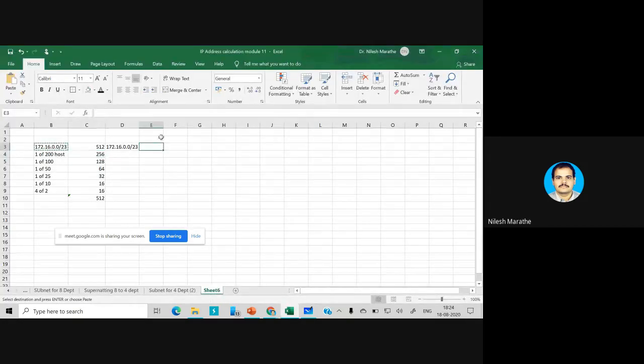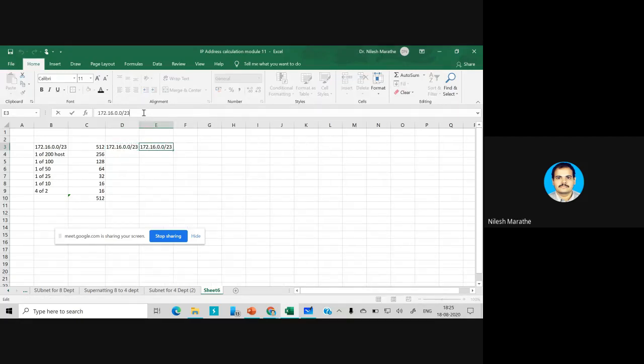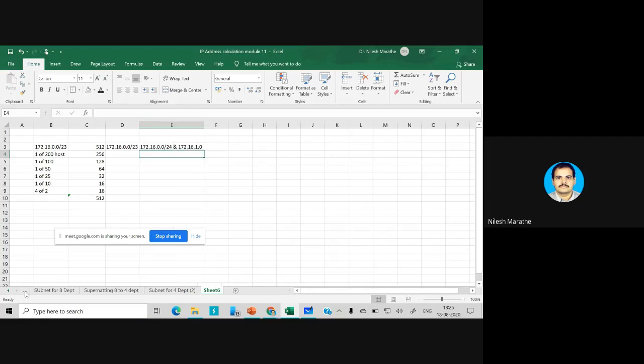So can I write here? I will write that this will be divided as 24, and 172.16.1.0. Agreed? Any doubt till this point? So what has been used here?